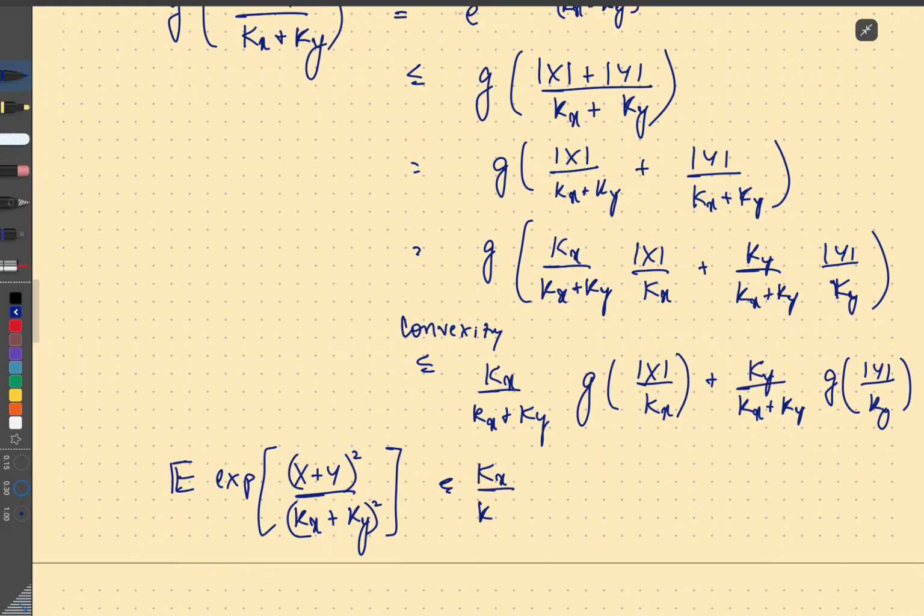kx by kx plus ky times expectation of g, which is nothing but e raised to x square divided by kx square, plus ky by kx plus ky times expectation of e raised to y square by ky square.